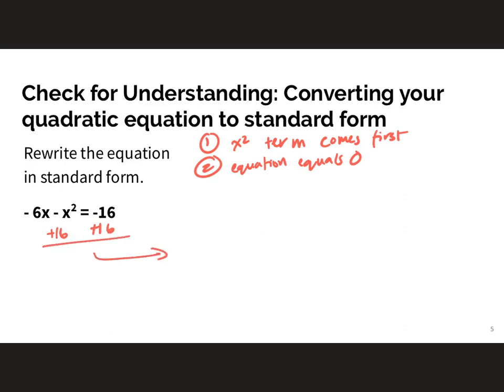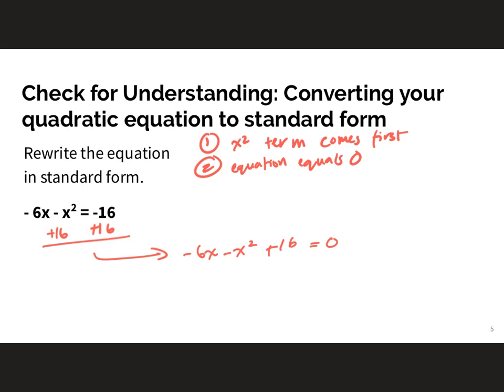And then I notice that 16 is not a like term to any of the terms I have on the left-hand side, right? Because it's not a like term, I'm not going to combine it with anything, so this is just going to be negative 6x minus x squared plus 16, and I know this equals 0, because that was the whole point of adding 16 on both sides.